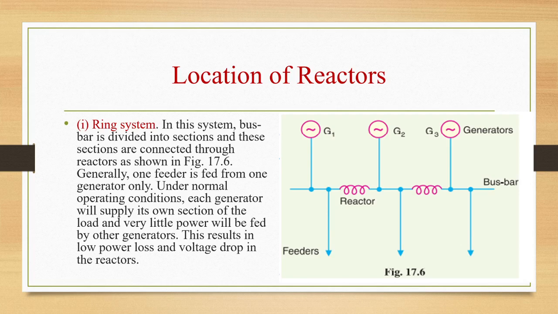However, the principal advantage is that if a fault occurs on any feeder, only one generator mainly feeds the fault current, while the current fed from the other generators is small due to the presence of reactors. Therefore, only that section of the bus bar is affected, the other sections being able to continue normal operation.